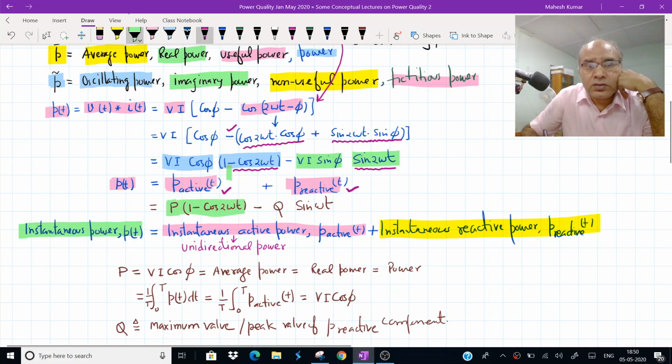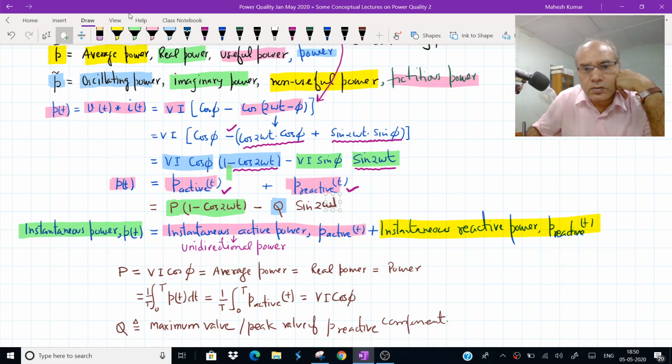We also denote the next term as Q into sin 2 omega t. Please correct it, this is sin 2 omega t.